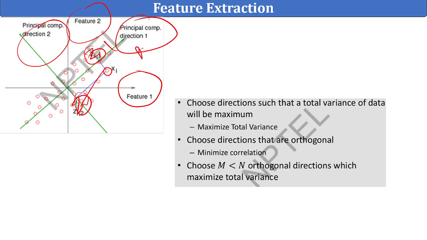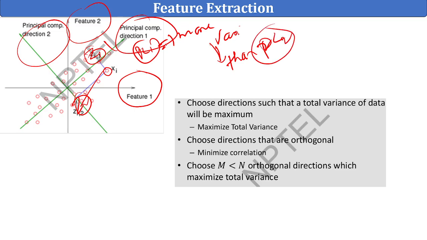So this PC1 will have more variance than PC2. Choose the direction such that the total variance of the features is the maximum. It's called maximum total variance.